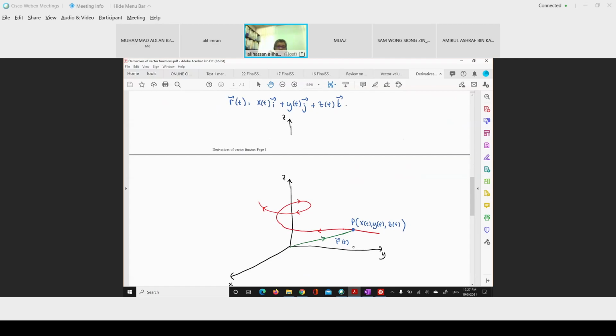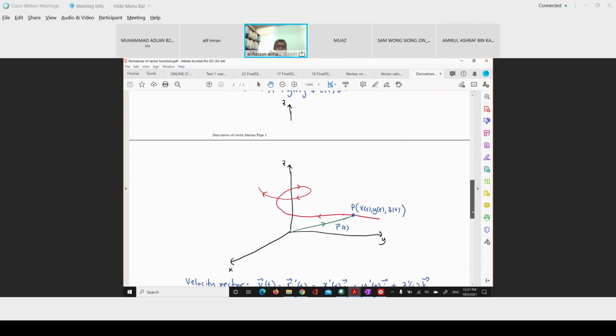As t varies, the tip of the vector traces a curve in space, okay? That's something as shown here.